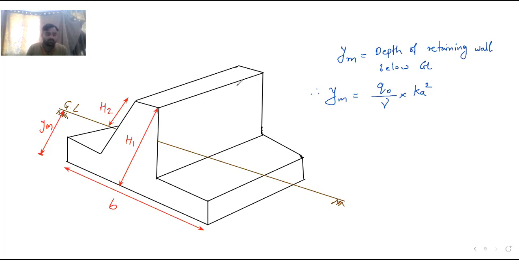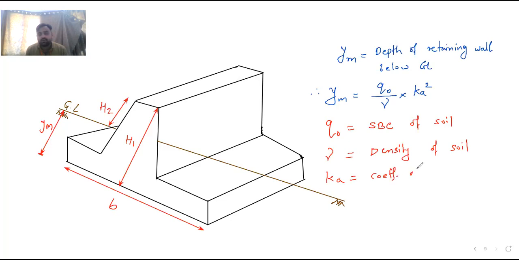Here I can write Q0. Q0 is nothing but the safe bearing capacity of the soil. Gamma is the density of the soil, and Ka is the coefficient of active earth pressure.